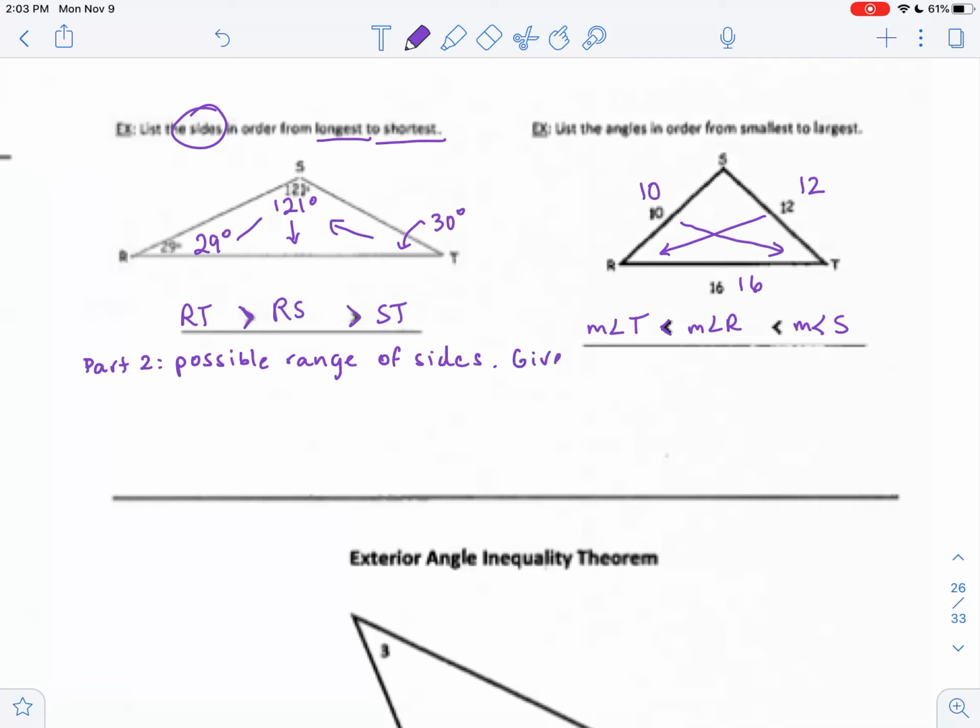So let's say you guys were given C is the third side of a triangle, and A and B are the lengths of the other two sides.